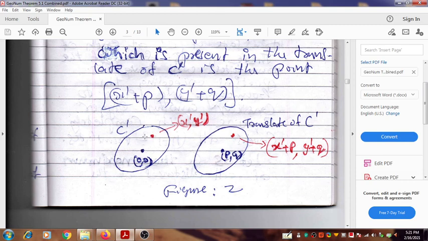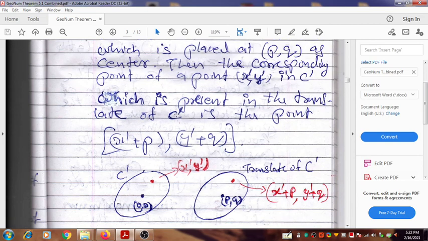Its coordinates are x prime plus p and y prime plus q. These are the things explained here.